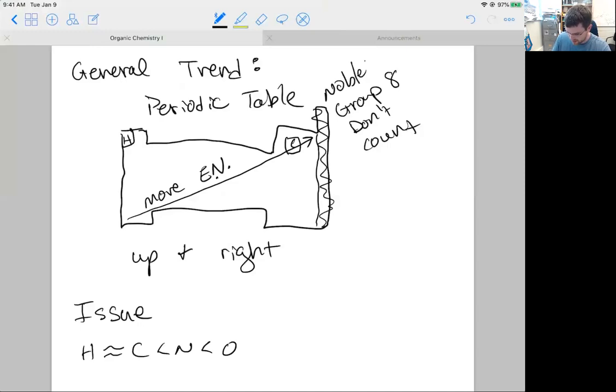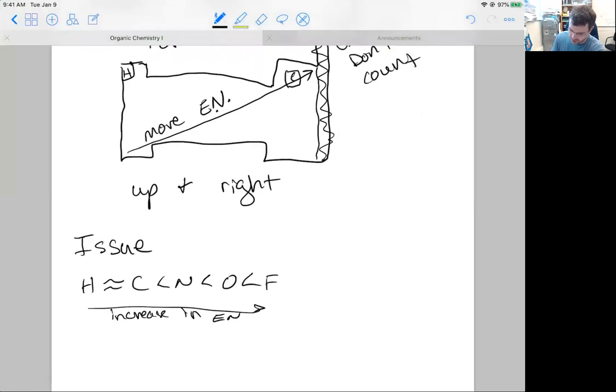It goes C, then N, then O, going to the right across the periodic table, and then F. So this makes sense to have an increase in electronegativity because we're just going across to the right of the periodic table. It's a little weird. It doesn't really fit with H being approximately equal to C, but it's true.